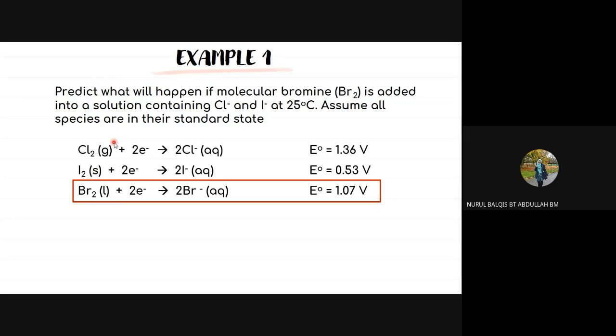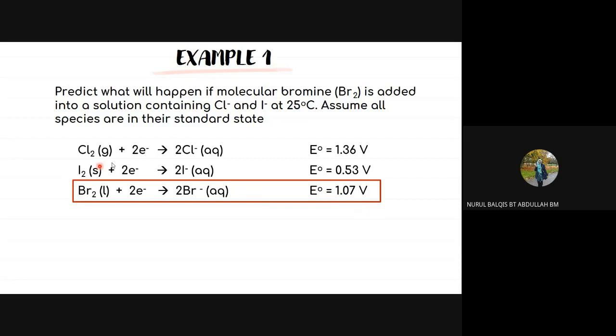Itu adalah reaction asal. But then kita introduce Br2. Br2 now with a new value of 1.07. So you must take into account of this value untuk tentukan siapa undergo reduction or oxidation. Okay. Kita tahu yang paling negatif akan jadi oxidation, yang positif akan jadi reduction.